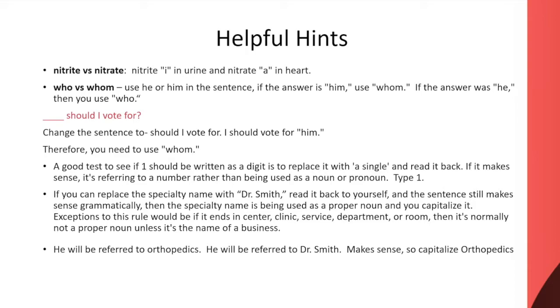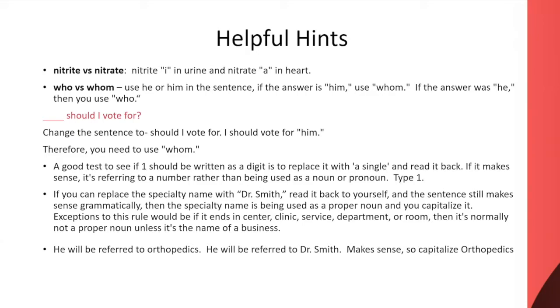Exceptions to this rule would be if it ends in center or clinic or service, department or room, then it's normally not a proper noun unless it's the name of a business. So, for example, he will be referred to orthopedics. So he will be referred to Dr. Smith. Makes sense. So capitalize orthopedics.